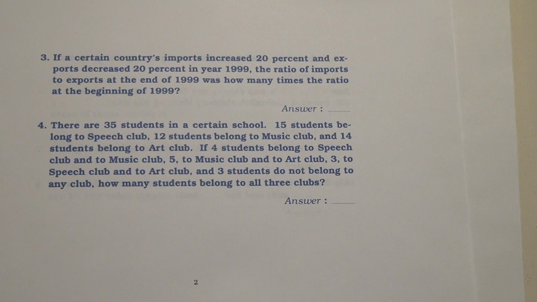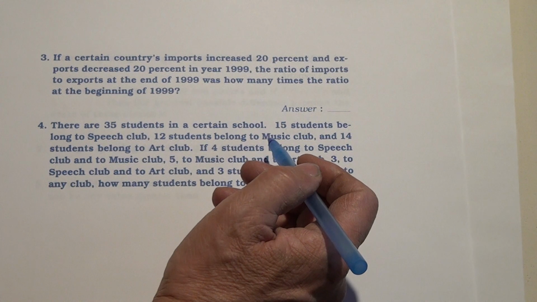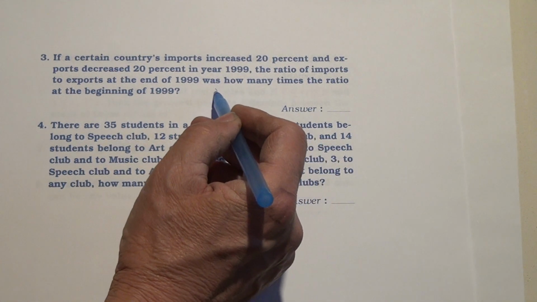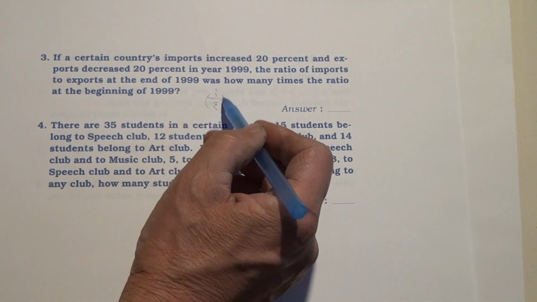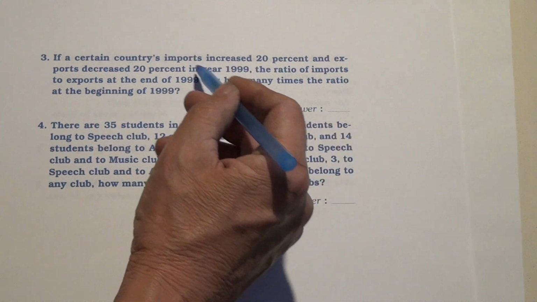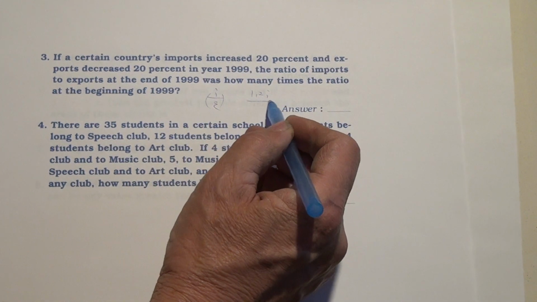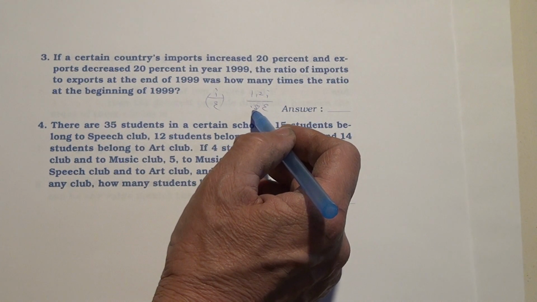Okay, stop. Did you finish? They compare the ratio of import and export, beginning and after. At the beginning, they have I over E. This one is a ratio, I over E. But after the change, import will be 1.2 I and export will be 0.8 E, because of the 20% decrease.